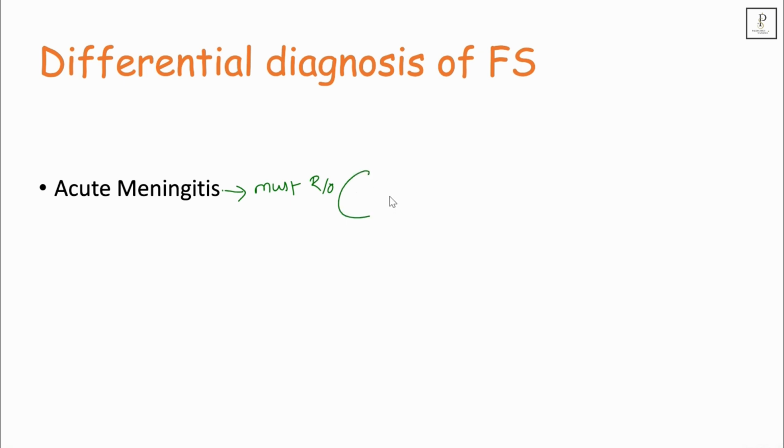Okay, so out of all this, acute bacterial meningitis is most important, because it can be treated with antibiotic, and if not treated, the child will develop long-term sequelae. Sometimes it is partially treated bacterial meningitis.